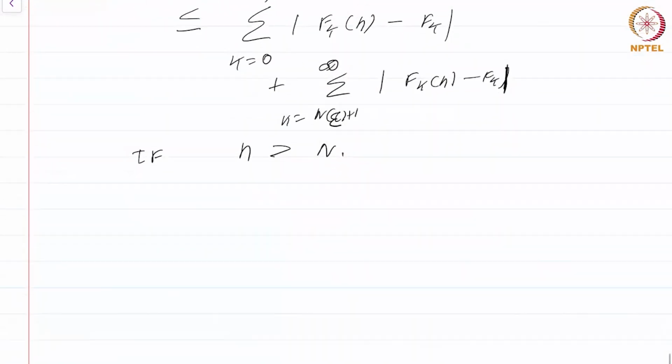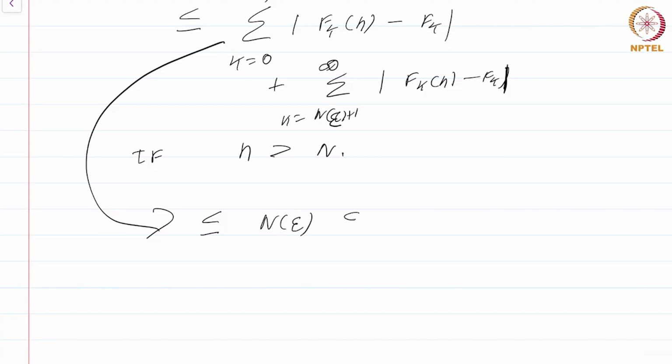So this first quantity will certainly be less than or equal to N epsilon times epsilon by 3 N epsilon. Why is this the case? Because each term mod F_k,n minus F_k will indeed be less than epsilon by 3 N epsilon, and there are N epsilon such terms.